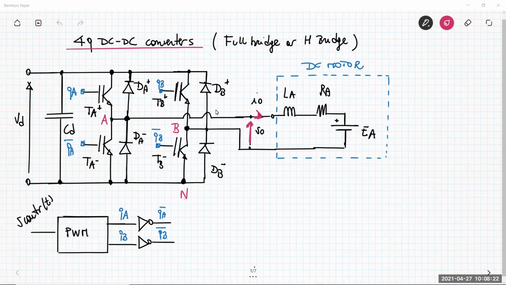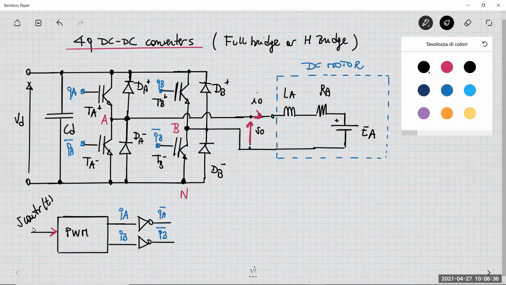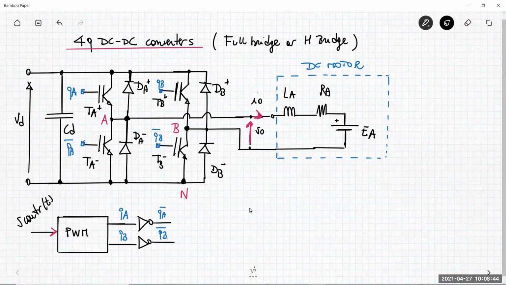The switching activities of the 4 switches are driven by a pulse width modulator that, on the basis of a voltage control that you have at the input side, generates the 2 switching functions QA and QB, and Q not A, Q not B, that drive all the 4 switches.